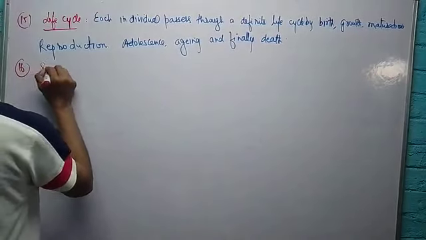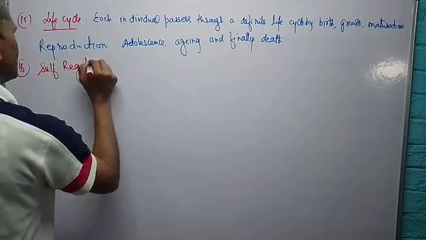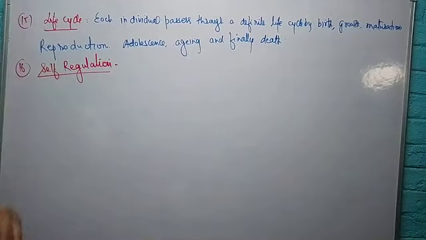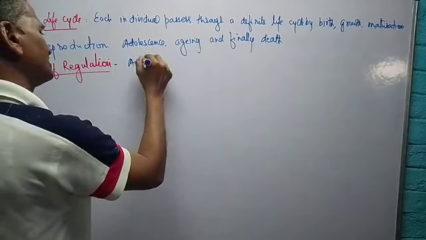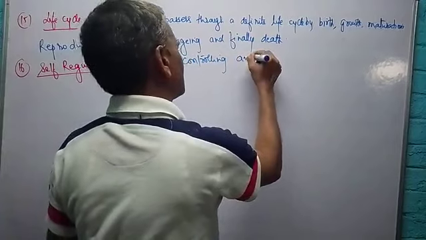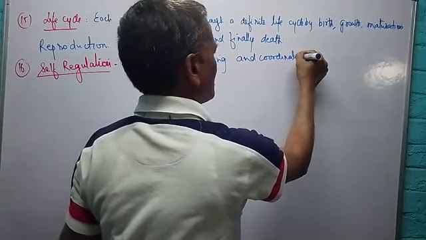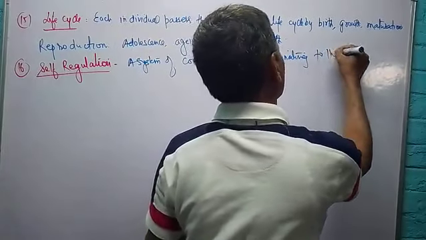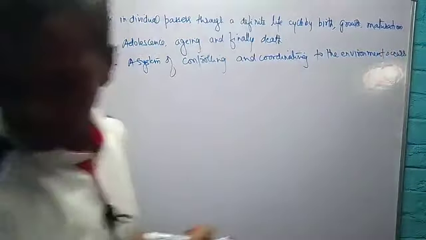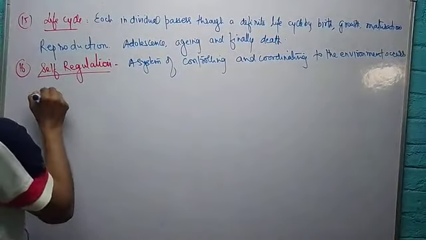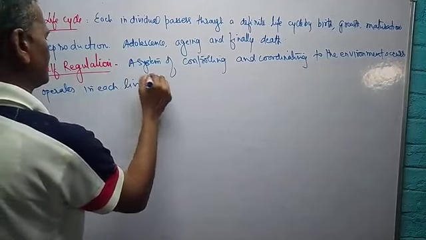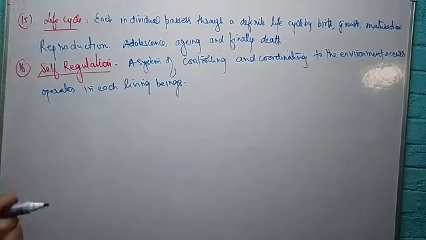Next property is self-regulation. A system of controlling and coordinating to the environment operates in each living being.